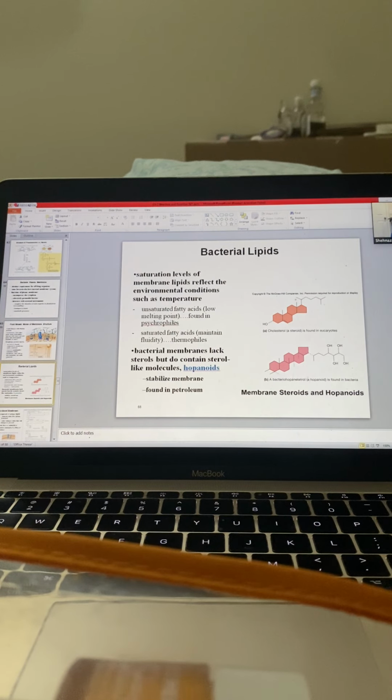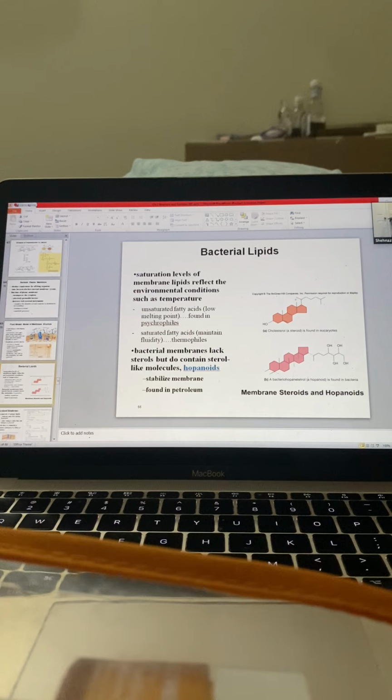This is a term you may have heard before. What is the property of a psychrophile? They like living at lower temperatures. They are able to live at low temperatures, and they may be in ice-capped mountains. So in psychrophiles, unsaturated fatty acids will be found.